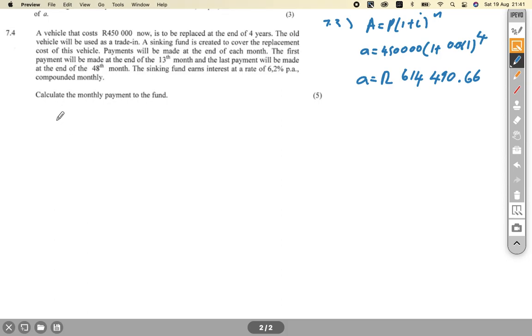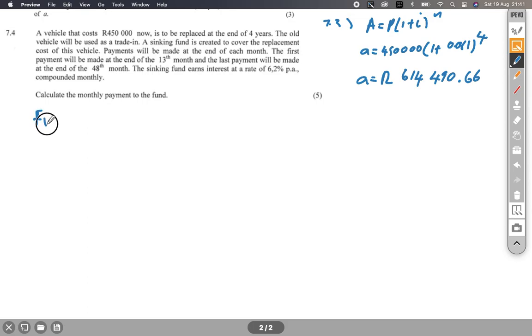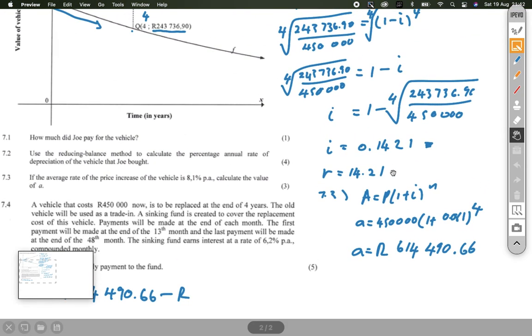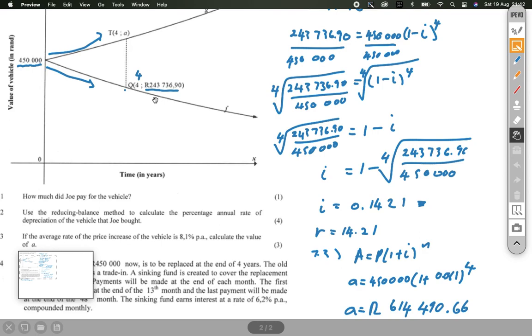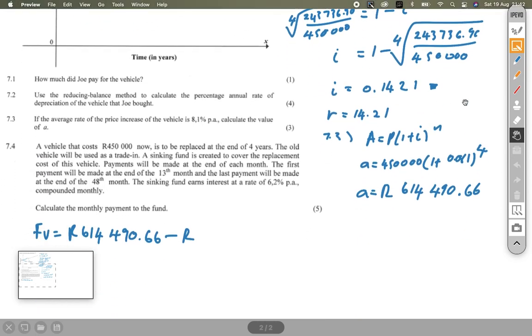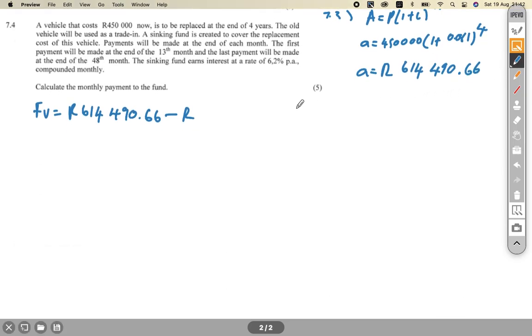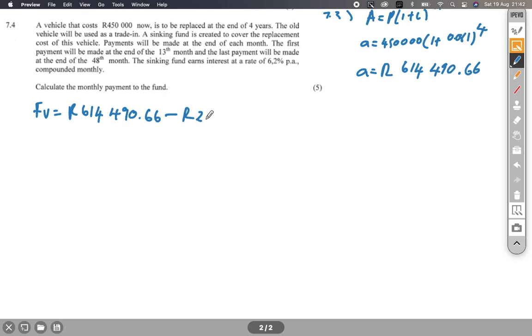Therefore, our future value must equal the price of the new car after 4 years minus the price of the current car after 4 years, which is 243,000, so minus 243,736.90.